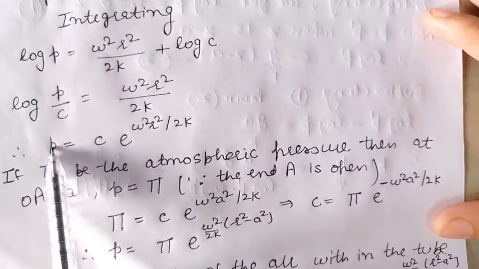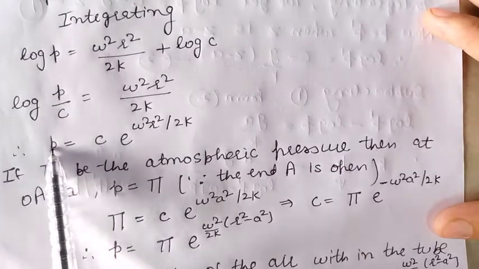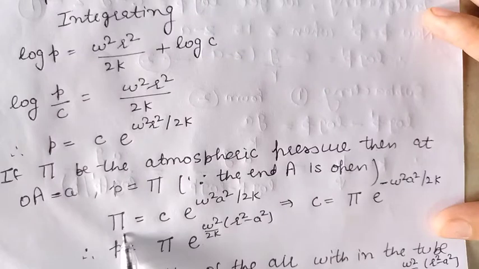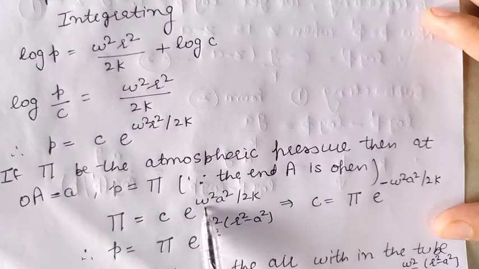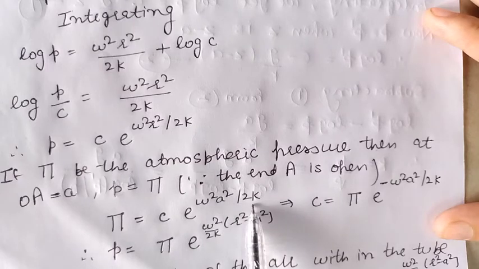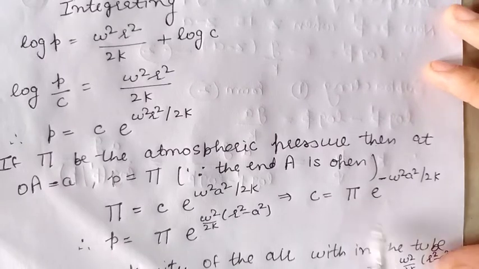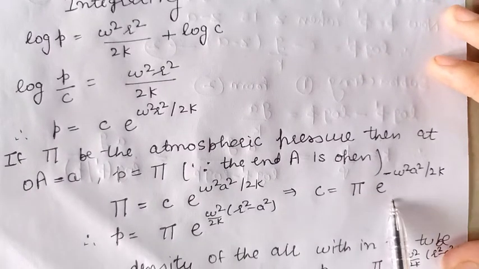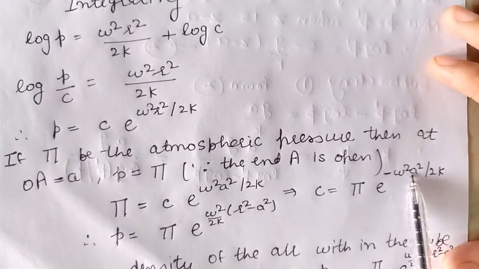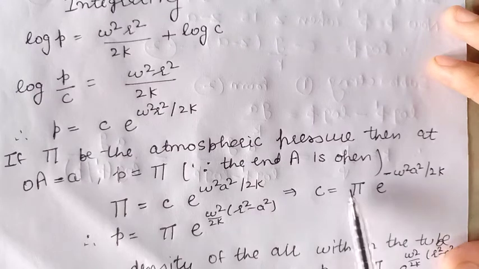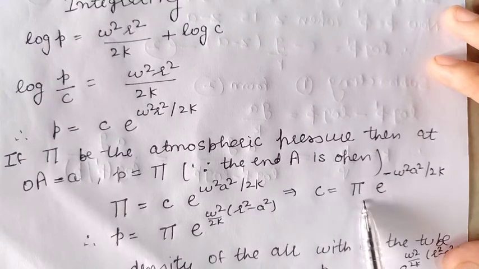So from here we can find the value of C, because atmospheric pressure pi is equal to C into e raised to the power omega square A square upon 2K. From here we have obtained the value of C, which is pi into e raised to the power minus omega square A square upon 2K. The symbol pi we have used for atmospheric pressure.